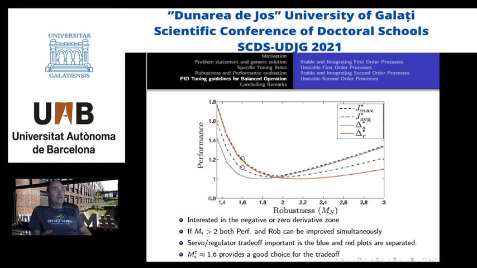In this particular case, you can see that, for example, a value of MS equal to 1.6 provides a good point for the trade-off. Also, you have a gap between the blue line and the red line. If you have a gap between both, this means that you have a trade-off between both designs, because the level of performance is different in both.